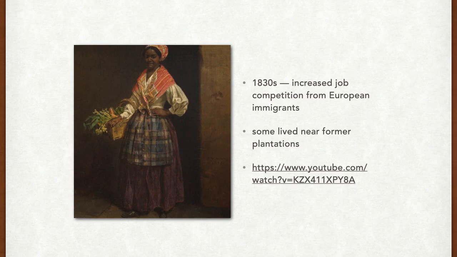So now free blacks are in competition with European immigrants who are more likely to get the jobs because they're white. And this would be a problem that would continue until we had equal employment in the 1960s. But until then, there was this huge amount of competition that free blacks had to deal with.